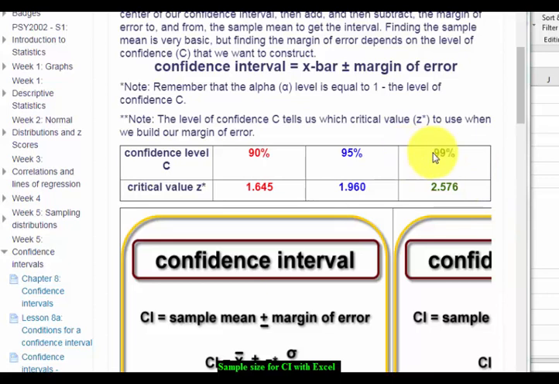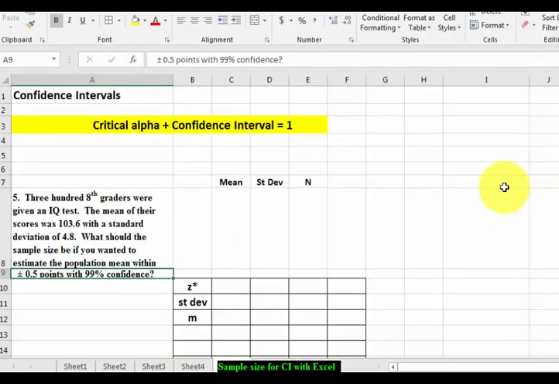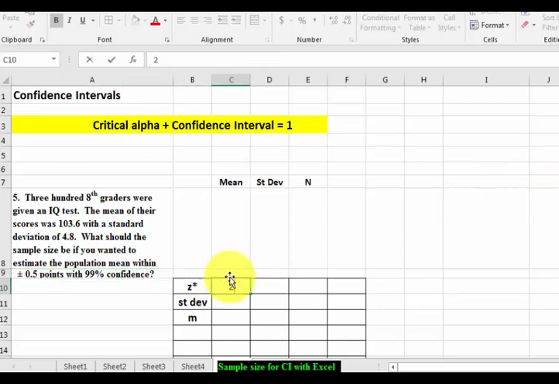So a 99% confidence interval would give us a Z star of 2.576. I think I had a phone number that started with that once. Standard deviation 4.8. And our new margin of error is anything after the plus or minus sign. So it's 0.5.